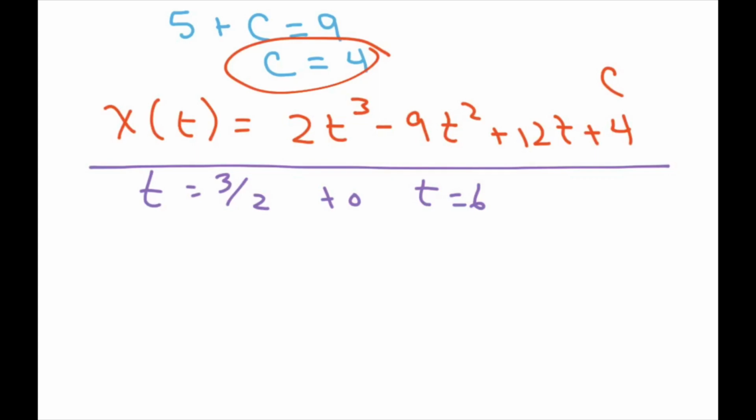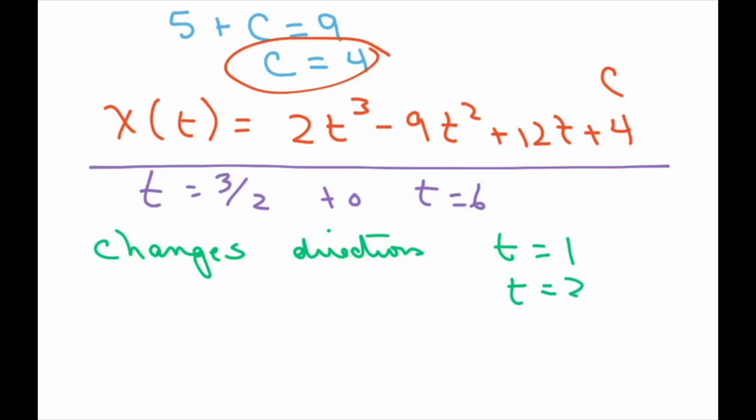And we already know from earlier that the particle changes directions earlier at t equals 1 and t equals 2. So we need to know which direction the particle is moving at time 3/2, and we can do that by plugging 3/2 into the velocity and looking at its sign.